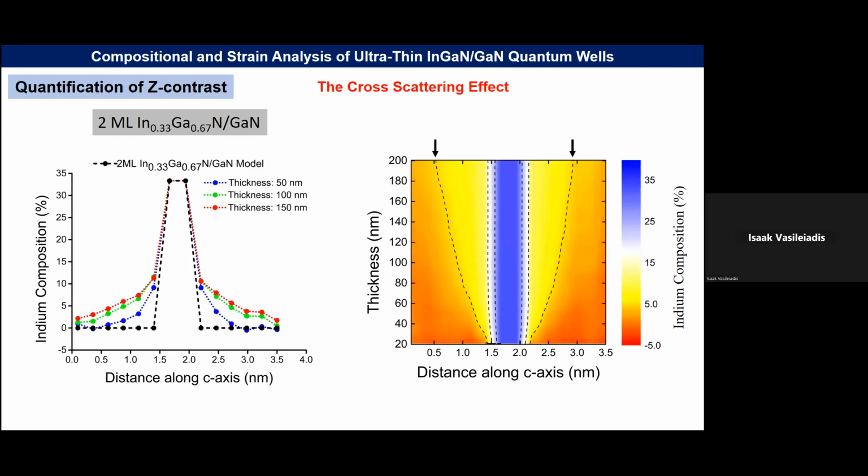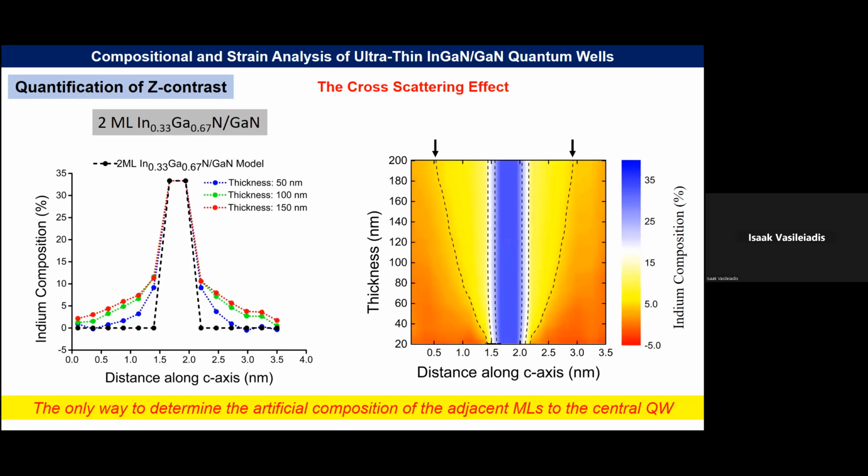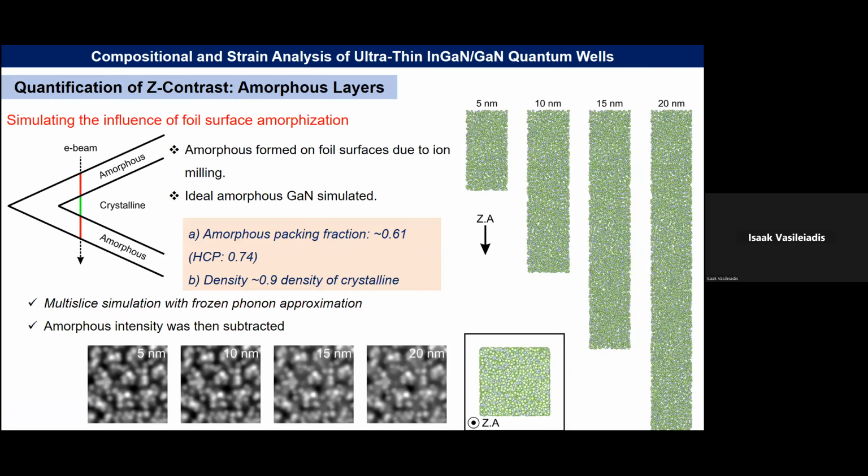By considering quantum wells thicker than one monolayer, you can see that this affected area is much larger. So image simulations are important to determine this effect. And actually, this is the only way to determine the artificial composition of the adjacent monolayers to the central one.